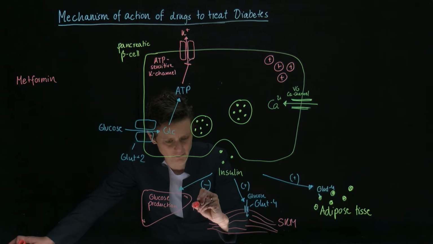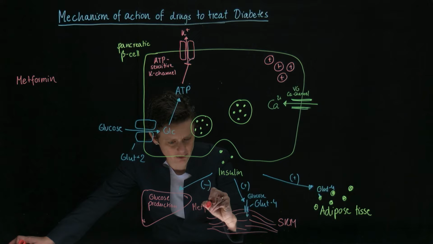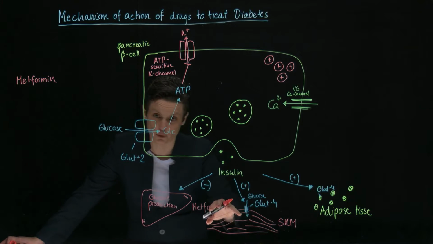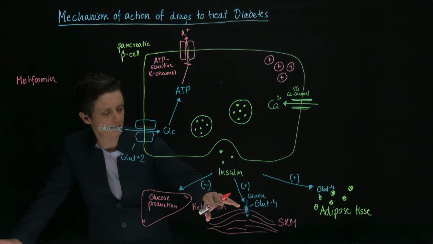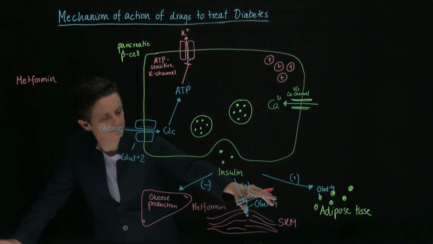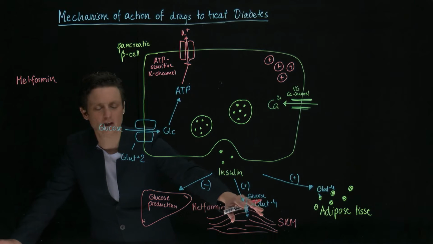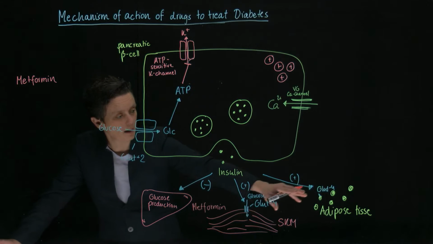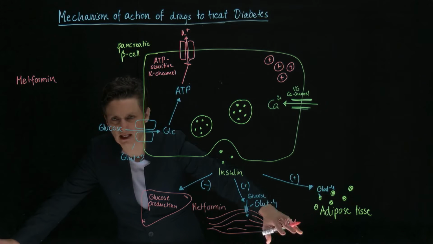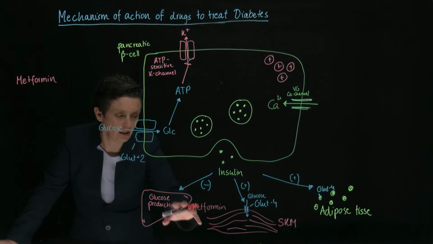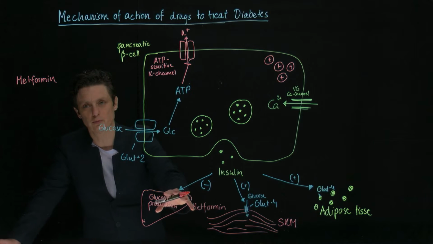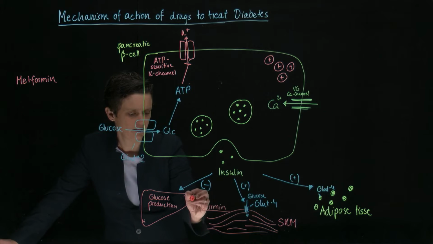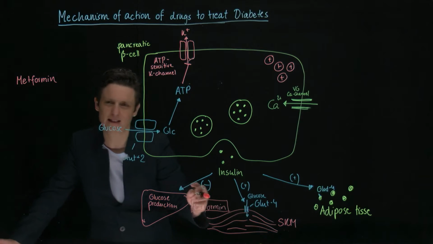So we can put metformin somewhere here because you can almost see this AMP kinase converges downstream with signaling of the insulin receptor, and it also helps to upregulate GLUT4 in skeletal muscle and adipose tissue, and it is also going to decrease glucose production in the liver.